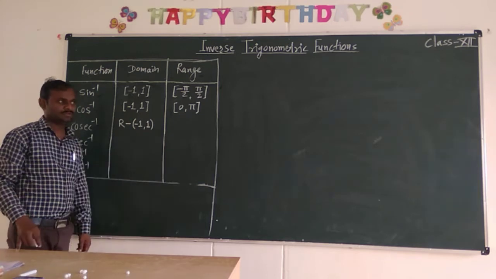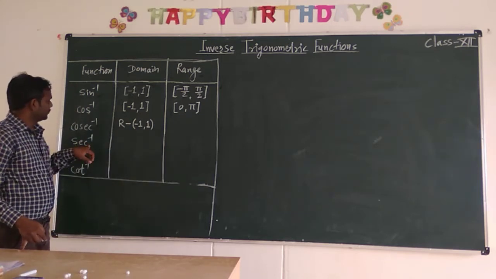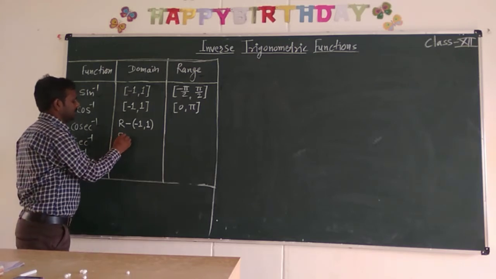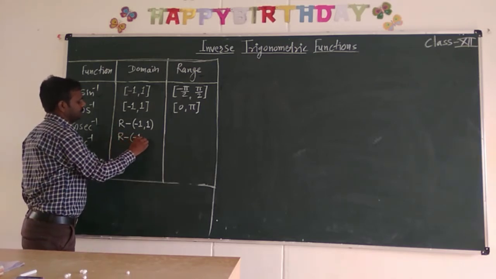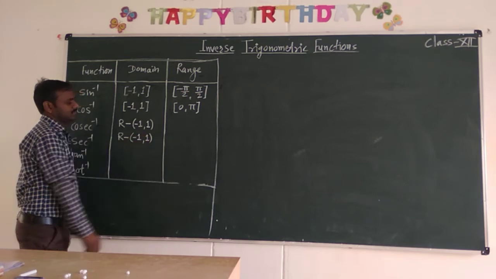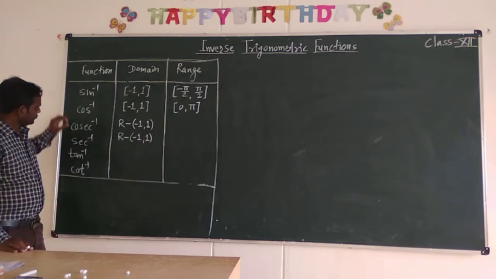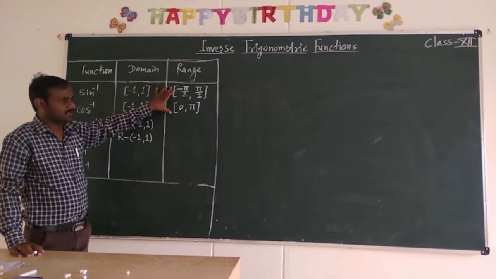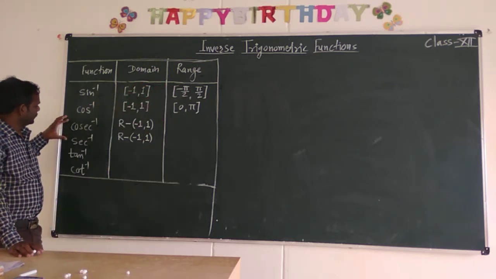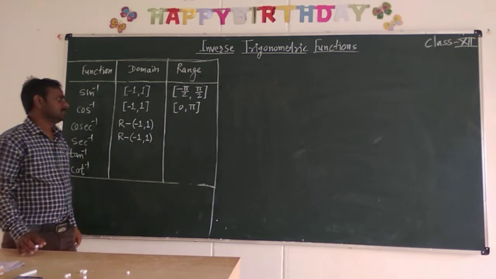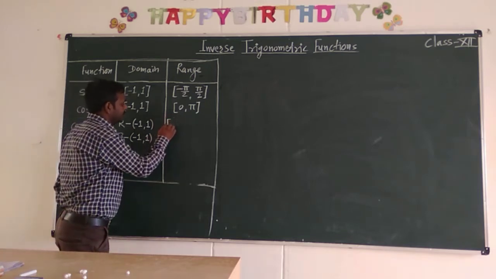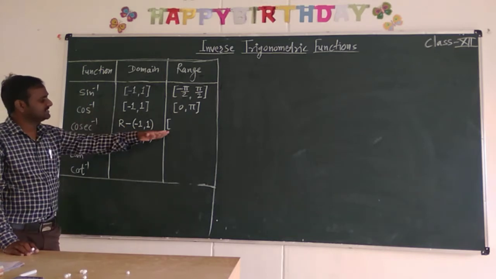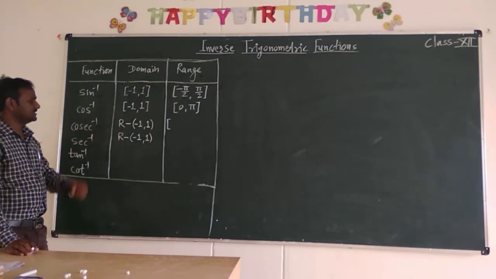Again the domain of sec inverse is the same, that means R minus (-1, 1). Now if you know the range of sine inverse and cos inverse, then we can write the ranges of cosec inverse and sec inverse. We write the range of sine and cos as it is, for cosec inverse and sec inverse.